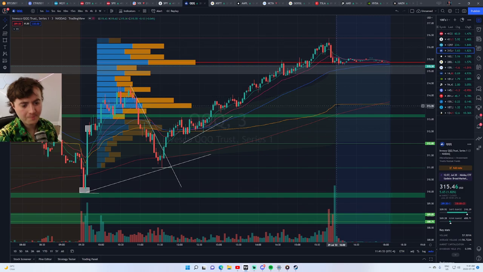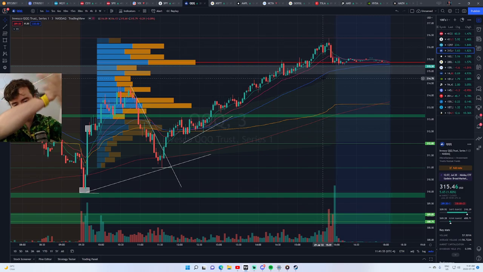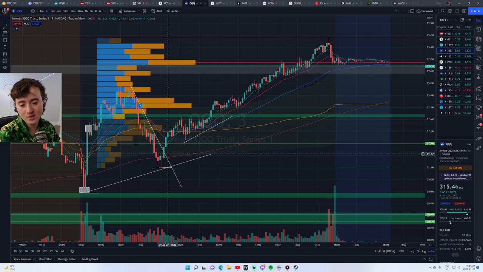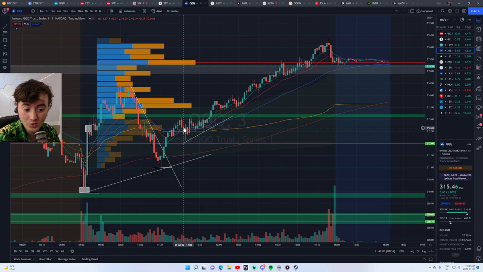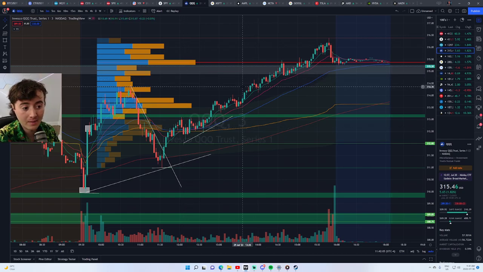The 9 EMA, it's for riding a trend, first off. So how do we use it? Once I'm entered into a position, I will simply use it to run a visual trailing stop. And that's about it. What am I looking for?